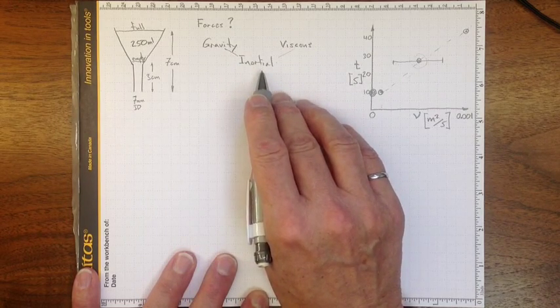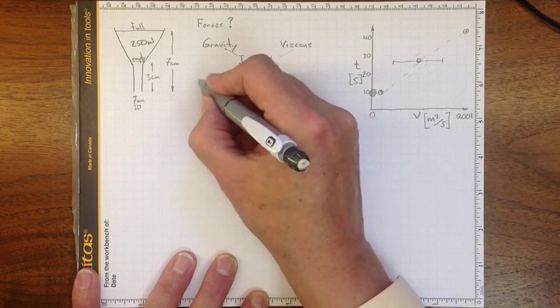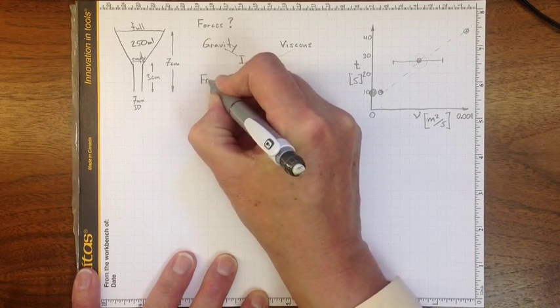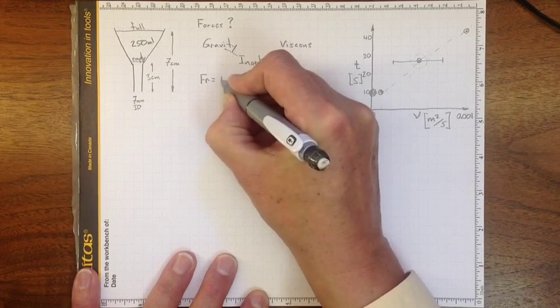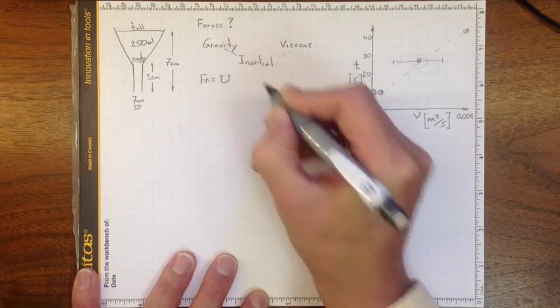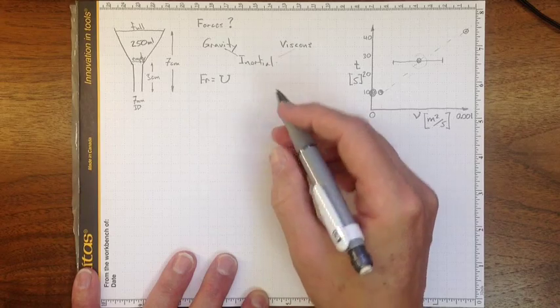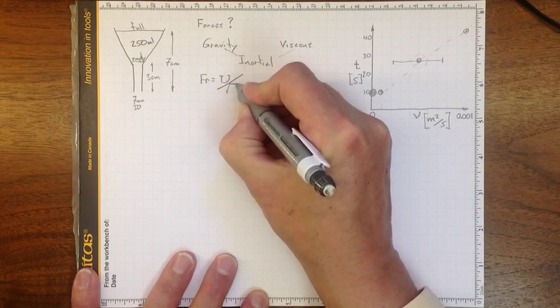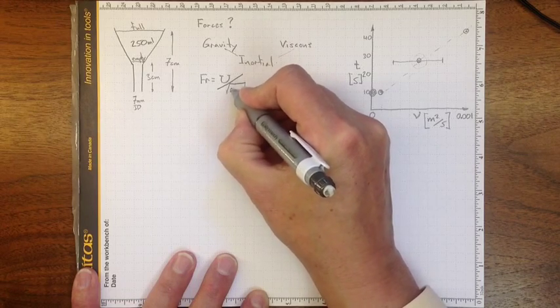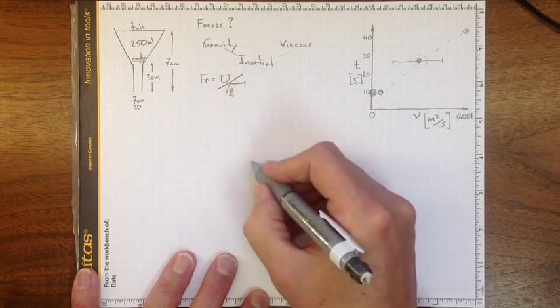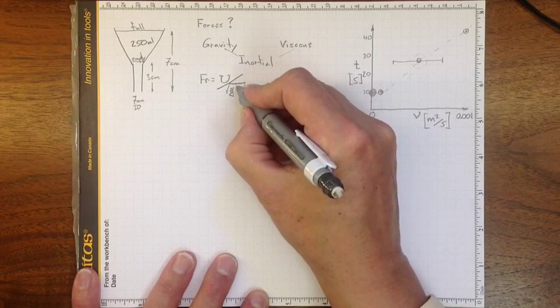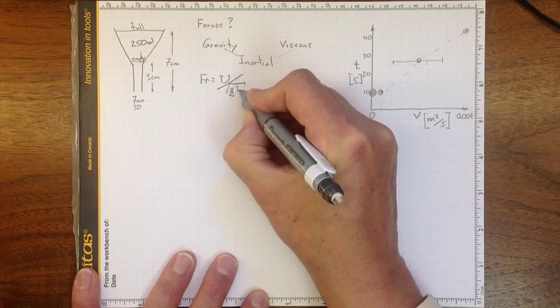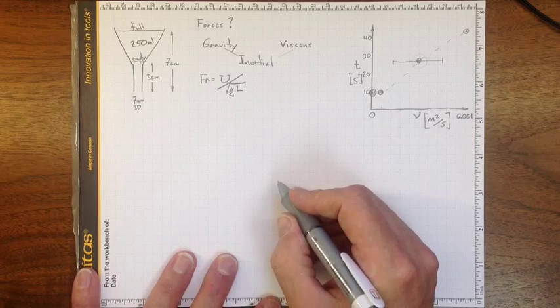Gravity forces compared with inertial forces, that's the Froude number, Fr, and it's equal to some characteristic velocity divided by the square root of the acceleration due to gravity and some appropriate length scale for the flow.